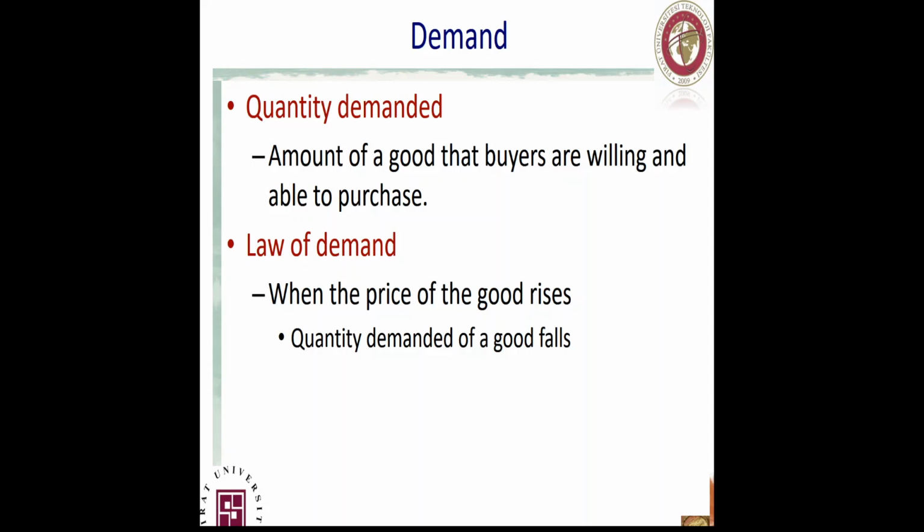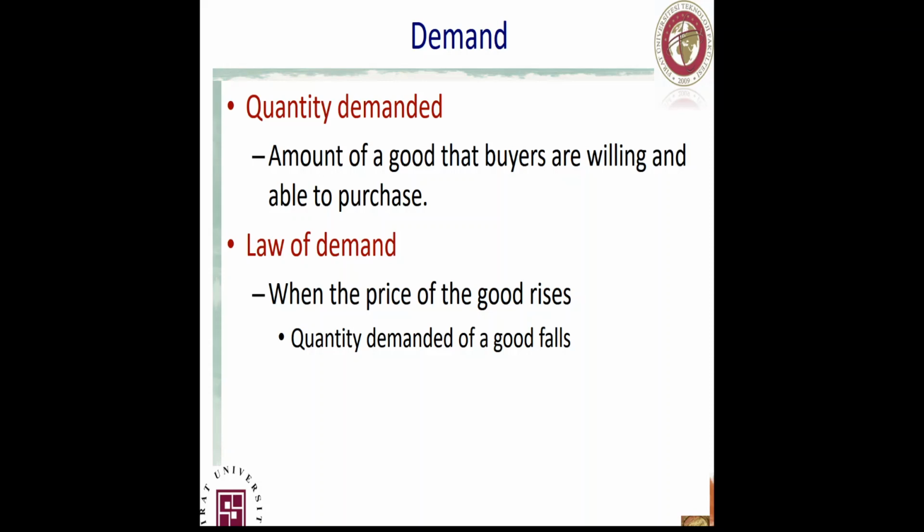So in that case, what we refer to by quantity demanded is exactly the amount of goods or services that buyers are willing and able to purchase or buy. So you may think about two conditions here, the willingness and the ability. And this will determine the quantity demanded. Demanded by whom? By buyers.